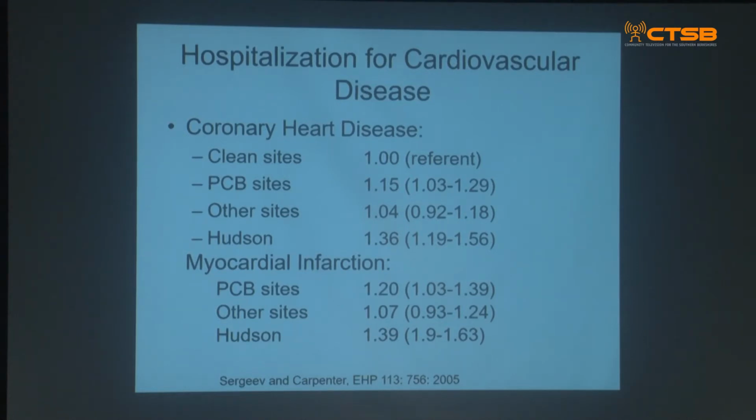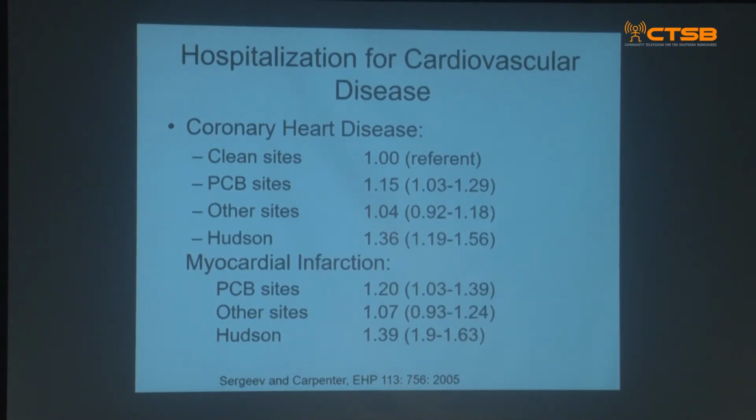And statisticians have as a standard rule that if the low number there is greater than 1.0, we consider that to be statistically significant at the 95% confidence interval, which is to say the chances are 95 out of 100 that that's a real observation. So what you see is there's a 15% increase in hospitalizations for heart disease if you live in a zip code that has a PCB containing hazardous waste site.